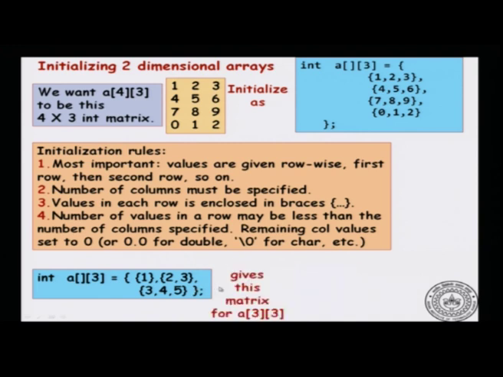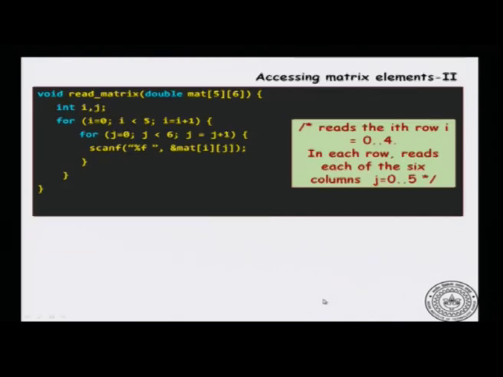It will be initialized as 1, 0, 0, because in row 0 I have given only 1 element, so that will be the first, and the remaining will be 0. 2, 3: I am short of 1 element, that will be 0. 3, 4, 5: I have 3 columns and I have given 3 values, so it will be initialized as 3, 4, 5. So, the initialization on the left hand side results in the matrix on the right hand side. Here is how initialization works.